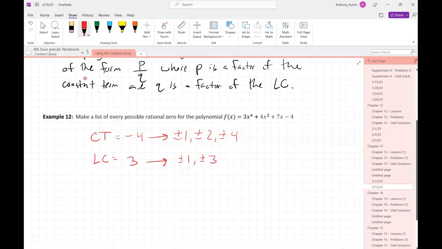So these guys are like my P's, and those are like my Q's. So my possible rational zeros are going to be all my combinations of P divided by all combinations of Q. So I'd have plus or minus 1 over 1. Let's write it this way.